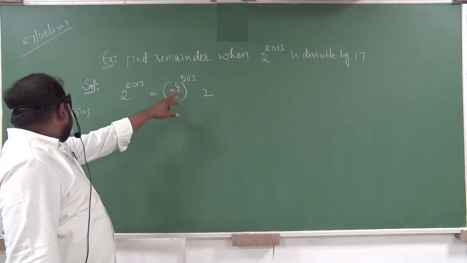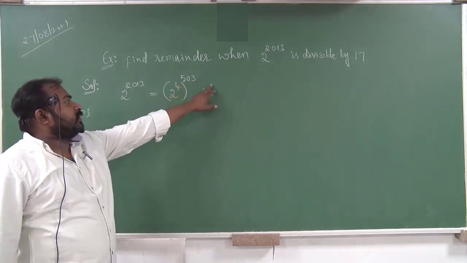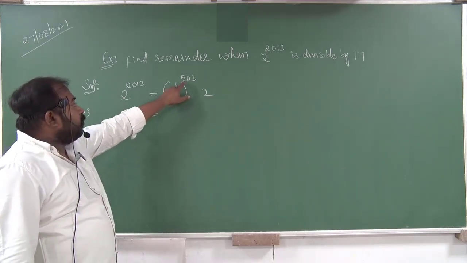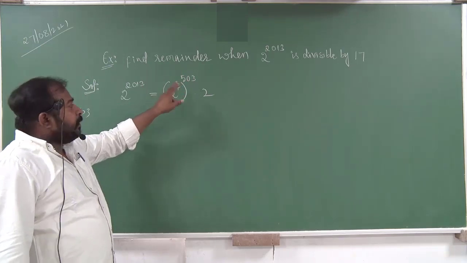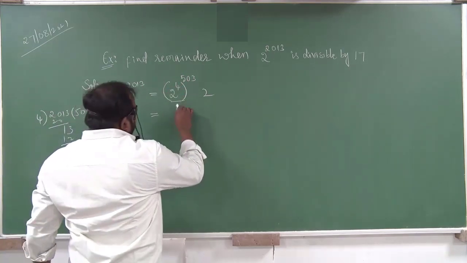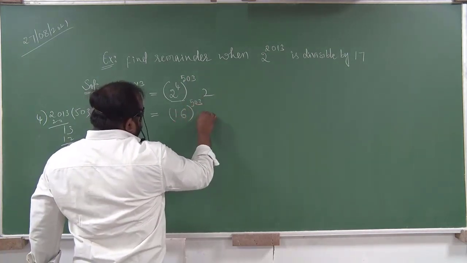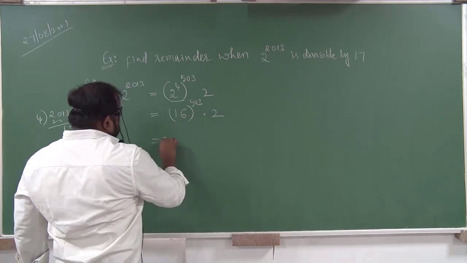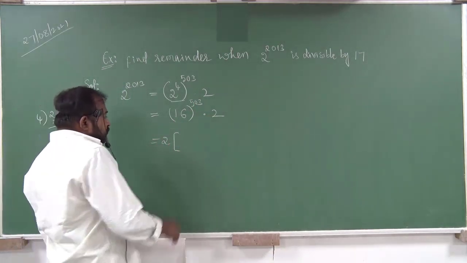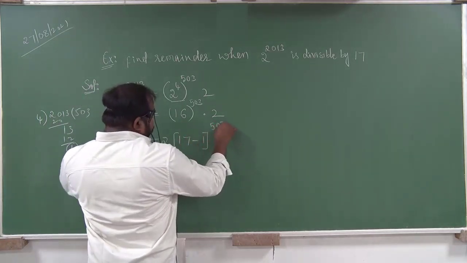Till here it is the value 2012, and you will get 2 power 1 also, so 2013. And here the (a power m) whole power n formula: a power m whole power n means a power mn. So this value again I can write as 16 whole power 503 into 2. So 2 into this 16 value I can write as (17 minus 1) whole power 503.